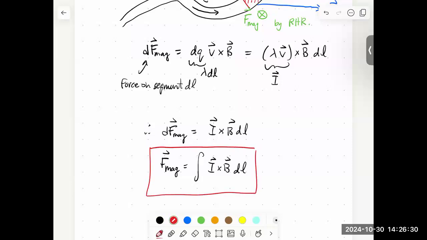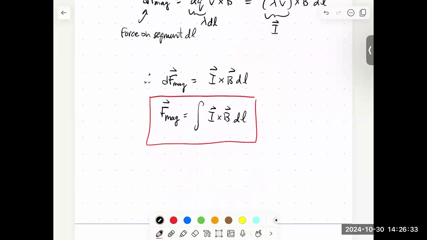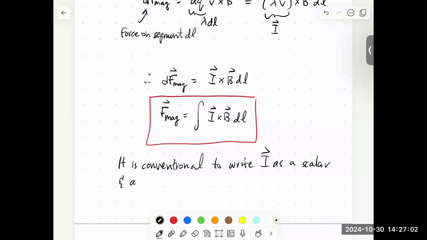Now, in a lot of textbooks, they will define the current to be a scalar quantity, and they'll associate the direction with this dl, this little step along the wire. Because they're in the same direction, it is conventional to write I as a scalar and assign the direction to dl.